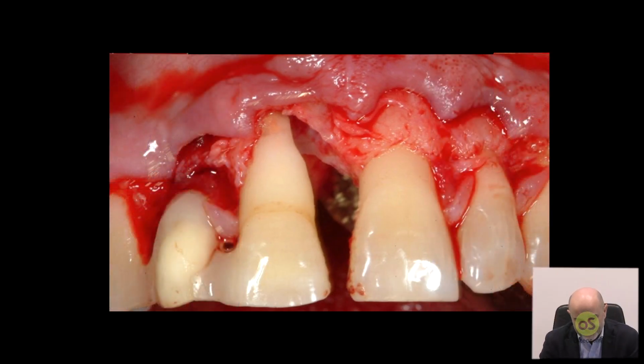The idea was not to make any vertical releasing incision anymore, and to extend the mesial distal dimension of our flap to the adjacent healthy teeth.